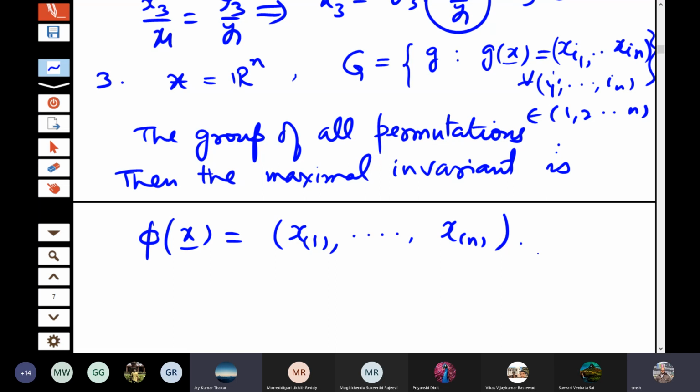Let me move to implications of invariance in the estimation problems, starting from the effect on sufficiency. See, we have seen that Rao-Blackwell equalization holds.